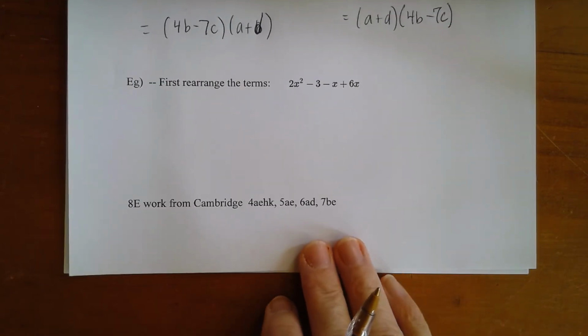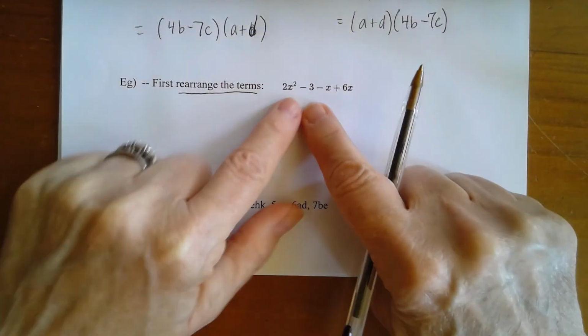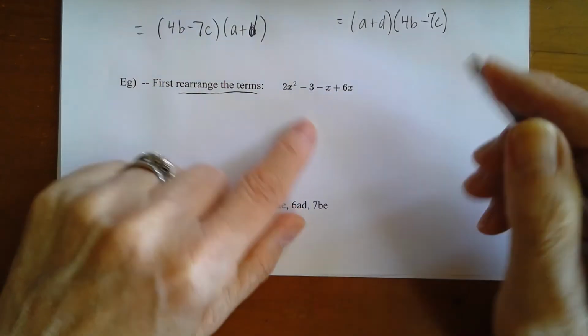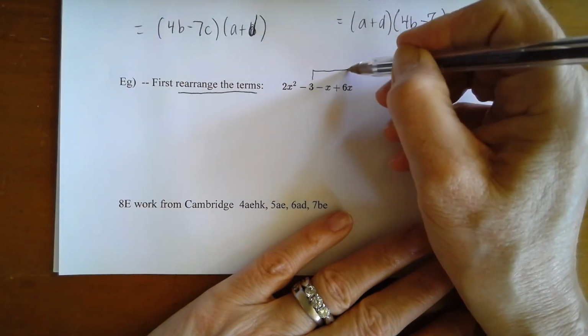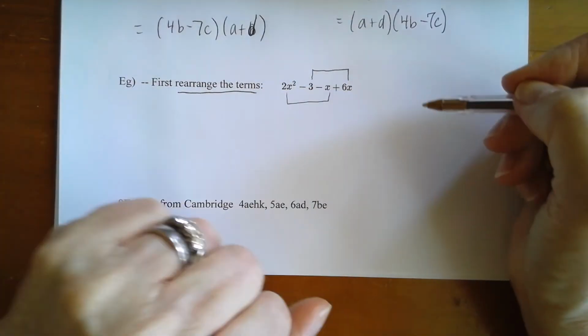On this one, it actually says to rearrange the terms first, because 2x squared and 3 have nothing in common. So I'm going to do that. I'm going to rearrange the terms, and I reckon that the 6 and the 3 could go together, and this could go together because they both have an x and they both have a factor of 3.